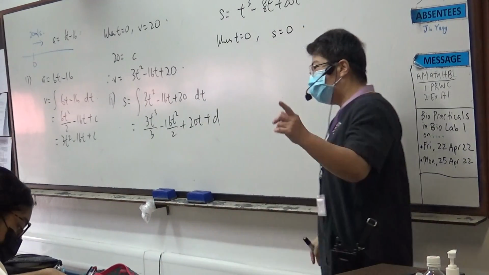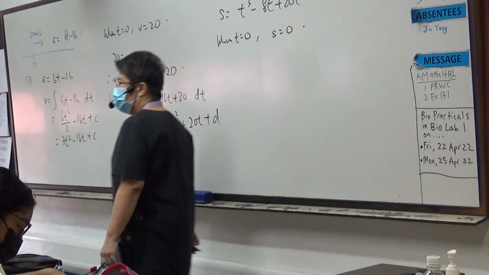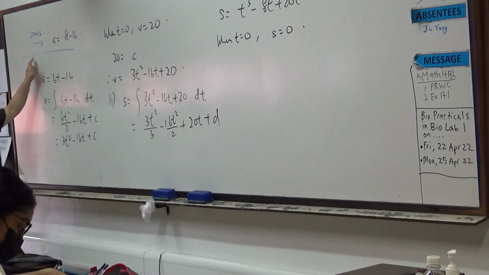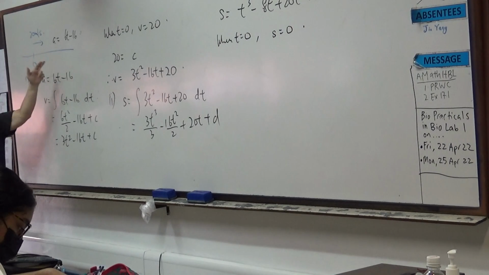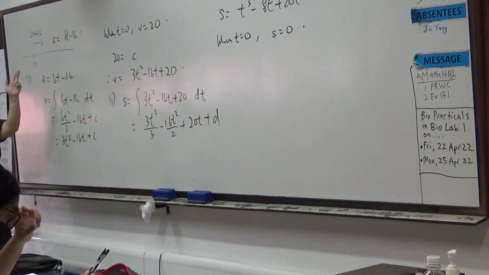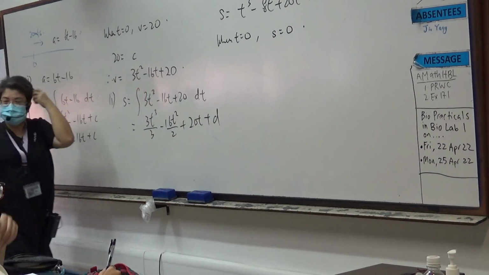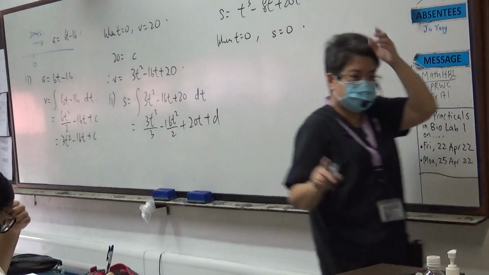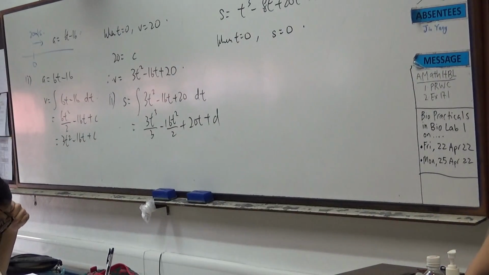Do you agree when t is 0, s is 0? Because when t is 0, s starts now to move away. Do you get what I'm talking about? Okay? Look at the question again. It says that a particle moving in a straight line passes through a fixed point O with velocity, t seconds after passing through O. Okay? So the displacement will start from O also.